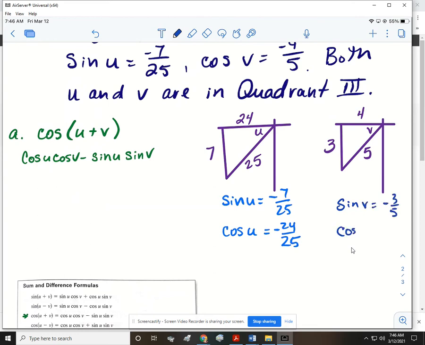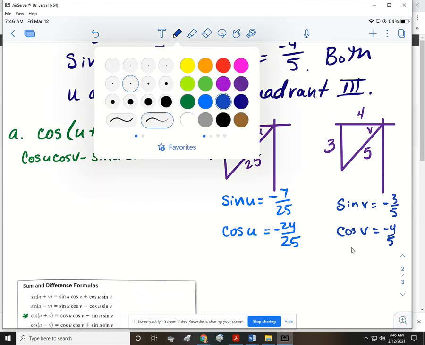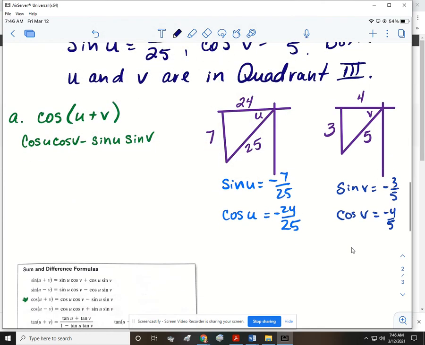And the cosine of v, if we're told, is -4/5. So what I'm going to do is just plug those in. So in the place of cosine of u, I'm going to write what the cosine of u equals. And in the place of cosine of v, I'm going to do the same thing. Right? And then same thing for the sines of both of those.